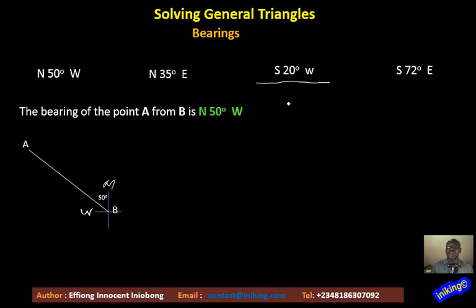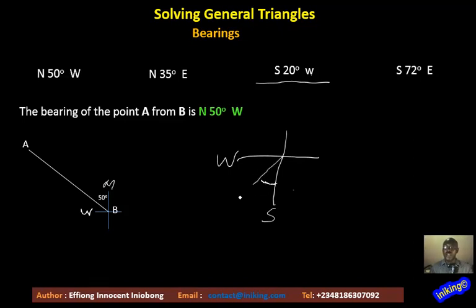20 degrees west of south. This is south and that's west. So it means we are going to the west of south. So we are going to the left, sort of 20 degrees. We know everything is 90, so we'll just take something a little small, it's a very small angle there.